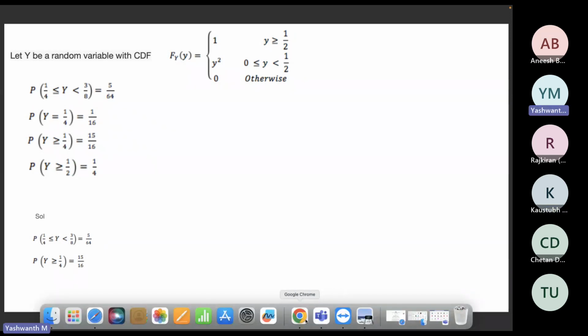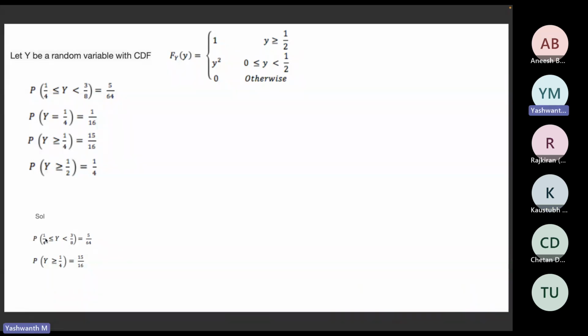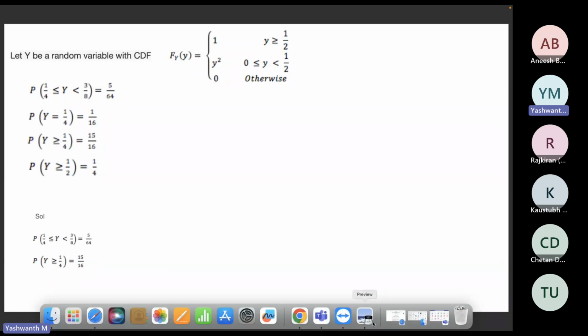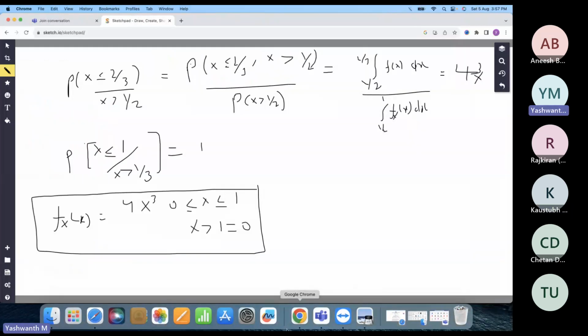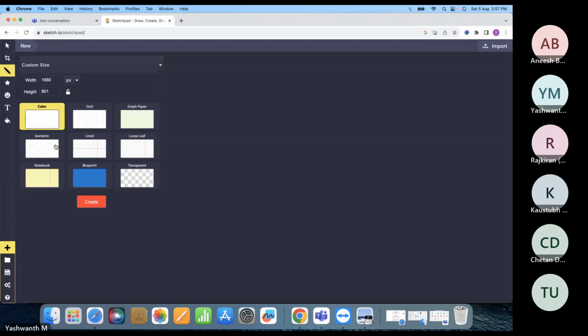So let's try to get this one, 1/4 to 3/8.